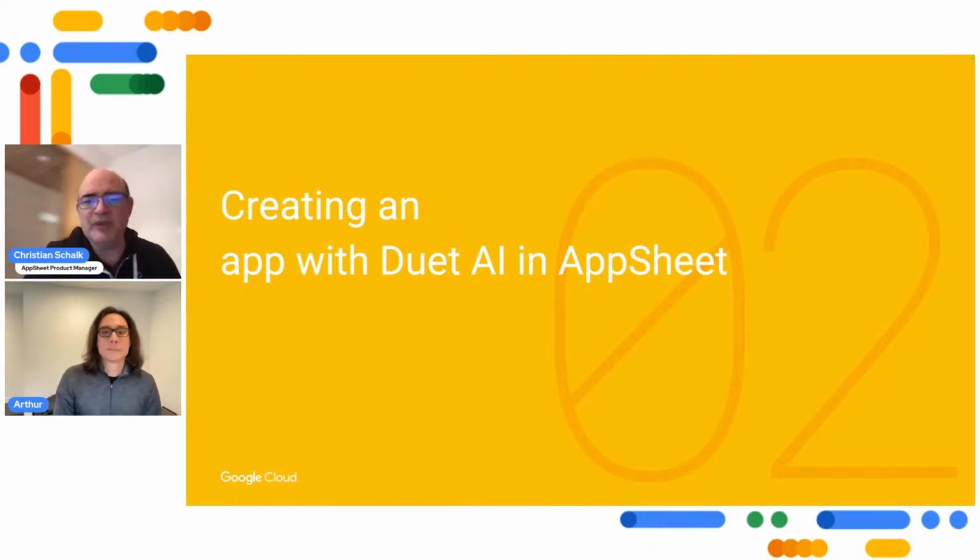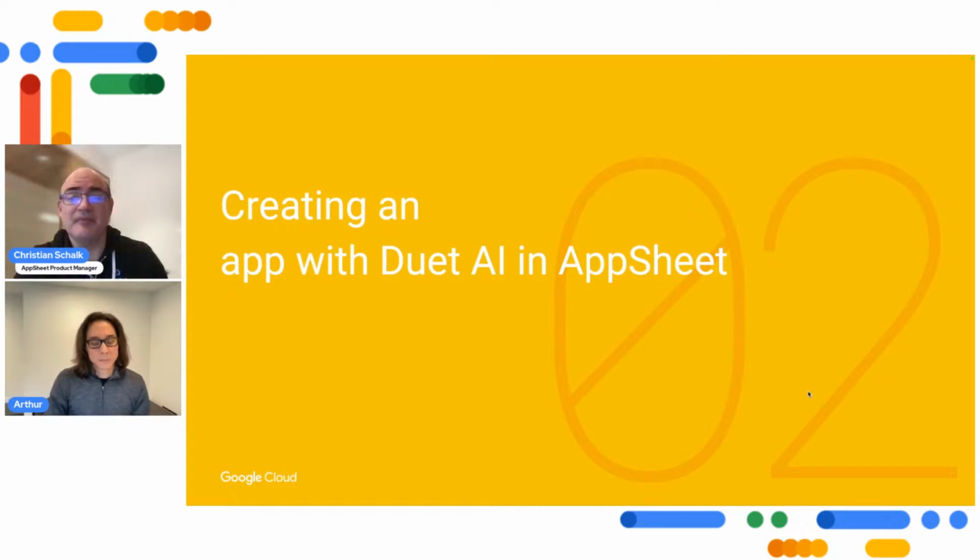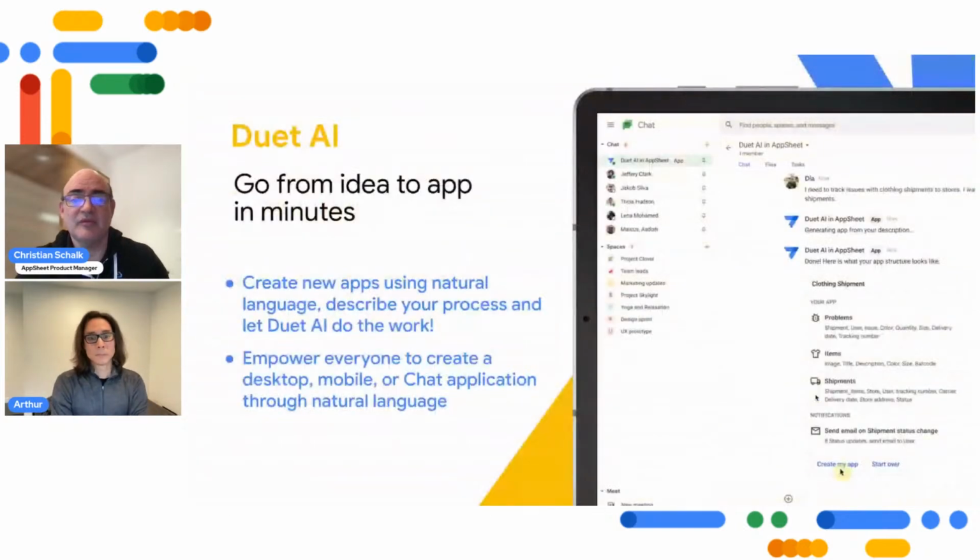Cool, thanks. So basically what I'm going to be showing is how to actually use Duet AI in AppSheet. If you can see my screen now, what we're looking at is the chat bot that I've installed in my chat environment here. So we're looking at the interface. You get this nice animation, and it's going to ask you to describe what you need to track and so forth.